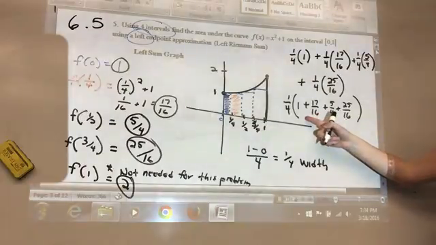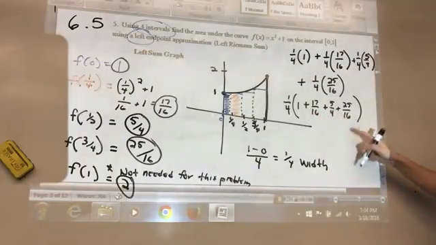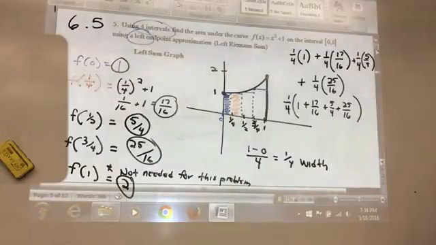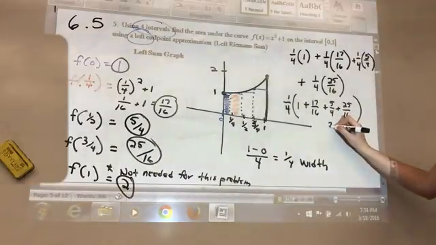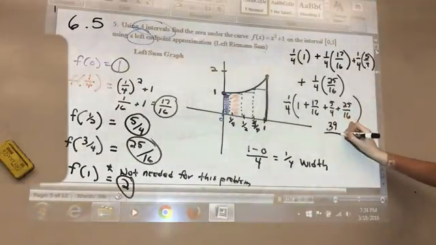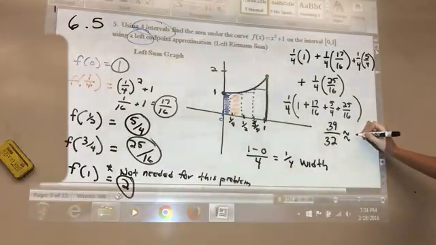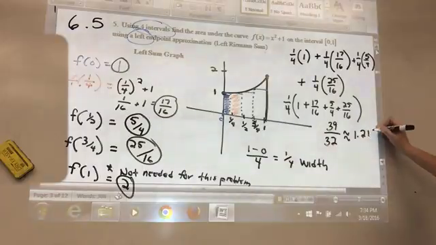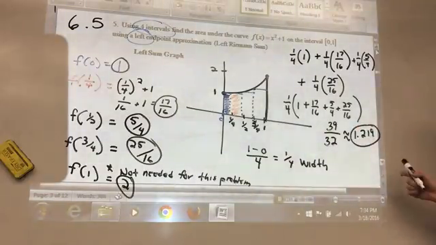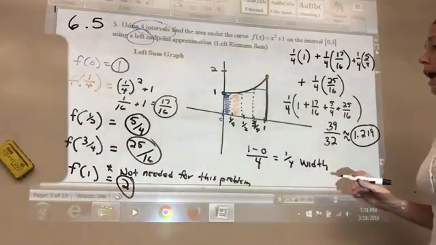Then I can use my calculator to just quickly add up my fractions, multiply that thing by 1/4, and in the end, you should get, as a fraction, 39/32, which is approximately 1.219.